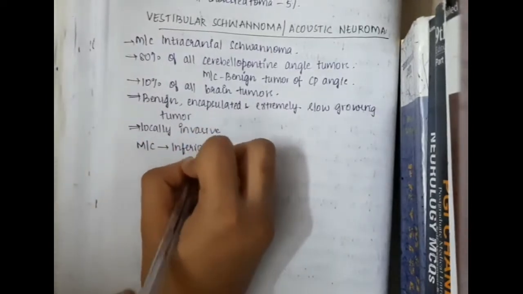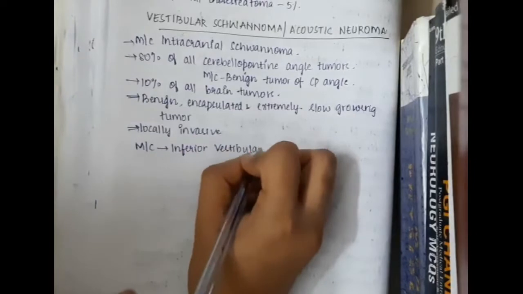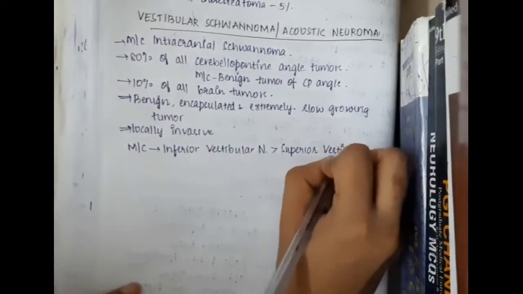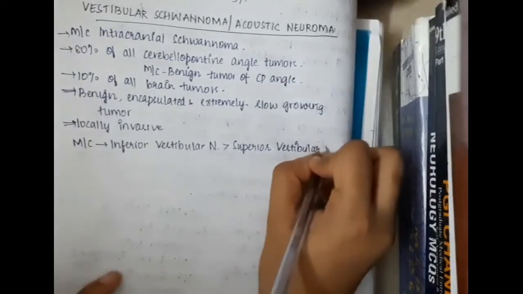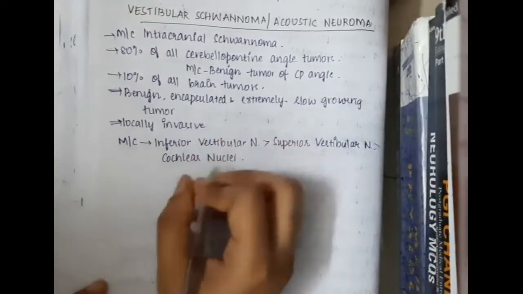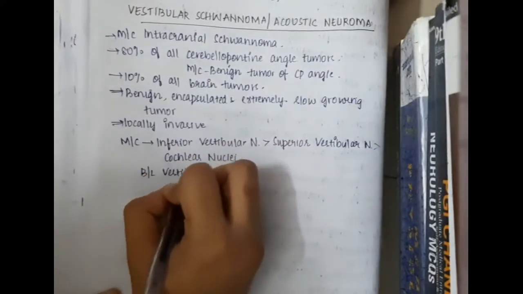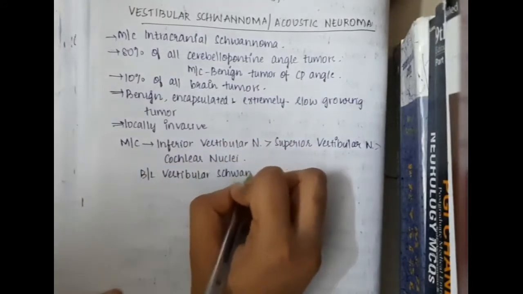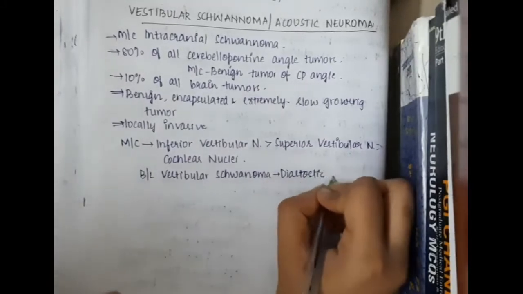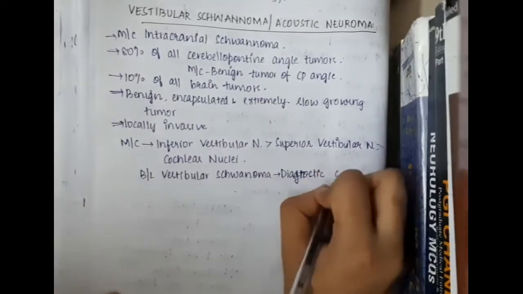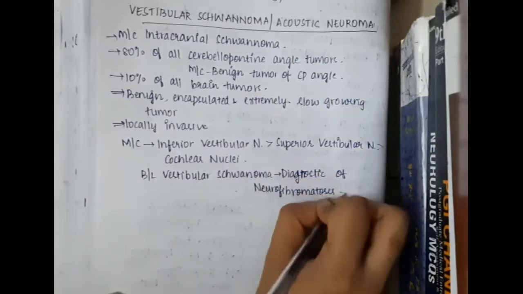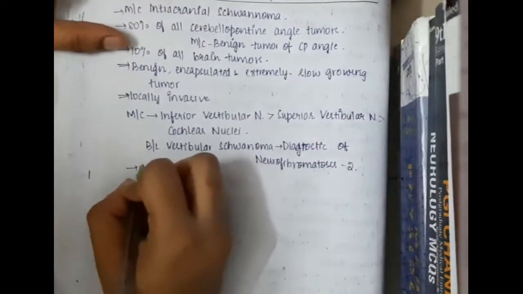Most commonly the inferior vestibular nerve is involved, more commonly than the superior vestibular nerve and the cochlear nerve. So the first most common site is the inferior vestibular nerve. Bilateral vestibular schwannoma is diagnostic of neurofibromatosis 2.